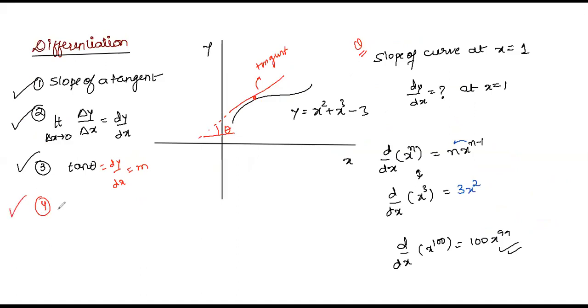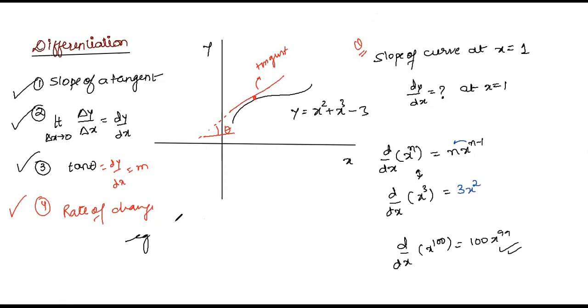So this is the fourth definition, rate of change of one quantity with respect to another. The application of which we will be seeing in tomorrow's class, where we'll be understanding in detail the most important concepts in kinematics, right?